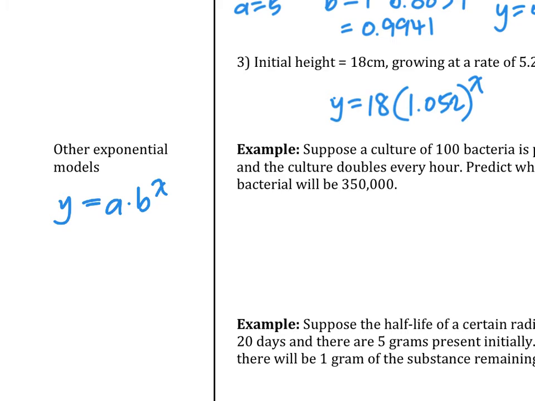So when that happens, you have this rate that happens at a certain interval. Then what you would actually do is change this slightly to x over t. T is how long it takes for this doubling or halving to happen.